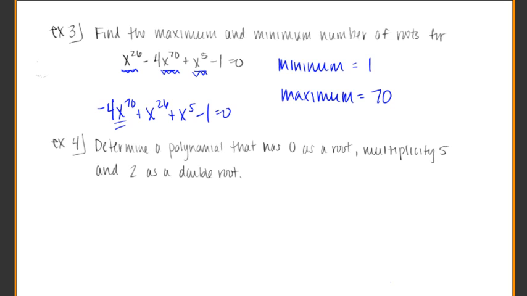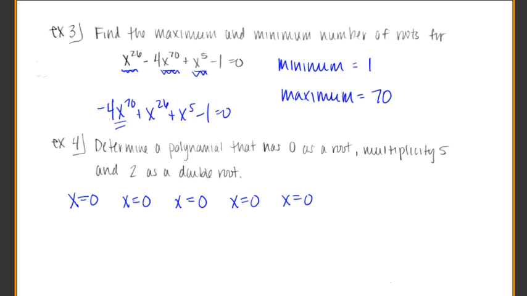Okay, so let's try example 2. With this one, they're just giving us pieces of information. We want to write the polynomial that has 0 as a root, that's multiplicity 5, and 2 as a double root. Okay, so what that's basically saying is if I wrote out all my x-intercepts, x equals 0 is going to happen 5 times.